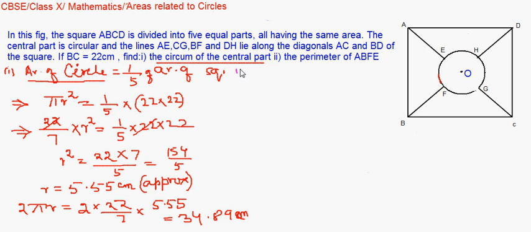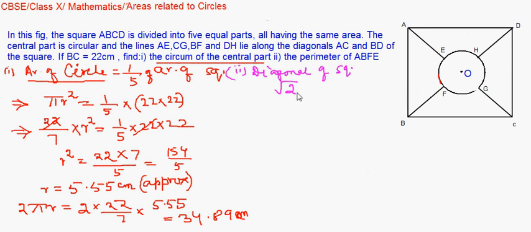I'll be using another color so you can make quick observations. The diagonal of the square we need to know, because I have to find this part as well. How do we find the diagonal of a square? Diagonal is root 2 into side.